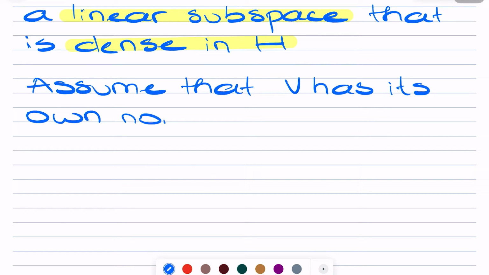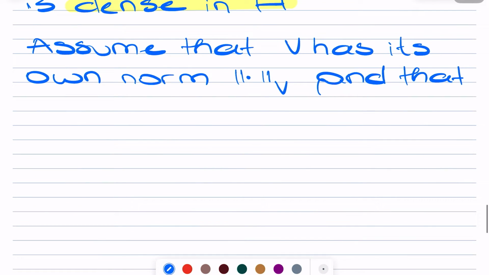That we denote by just putting a V down, and that V endowed with that norm is a Banach space.